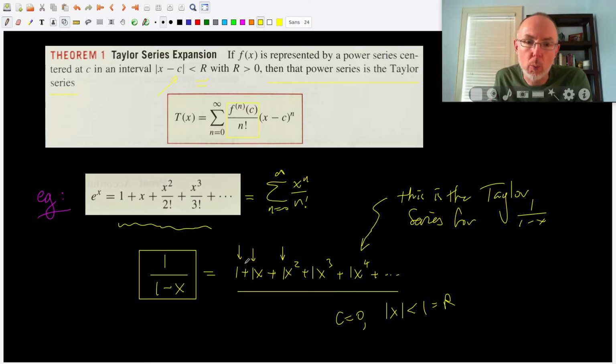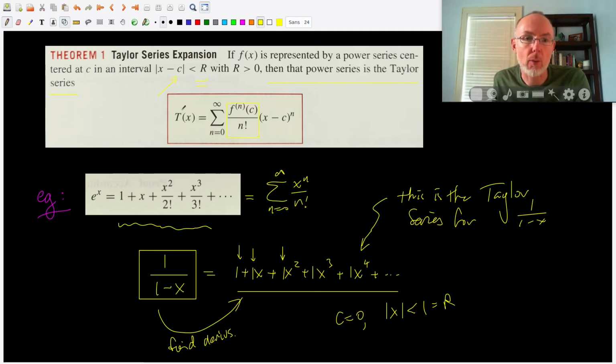These coefficients would be exactly the same if I found this series roundaboutly by finding all the derivatives, right? Rather than saying this is a geometric series, if I just found the derivatives here, then I would have found exactly the same series. That's what this Taylor series theorem is saying. It's saying that the Taylor series is the representation as a power series of the function. So if you have a power series, it is the Taylor series.